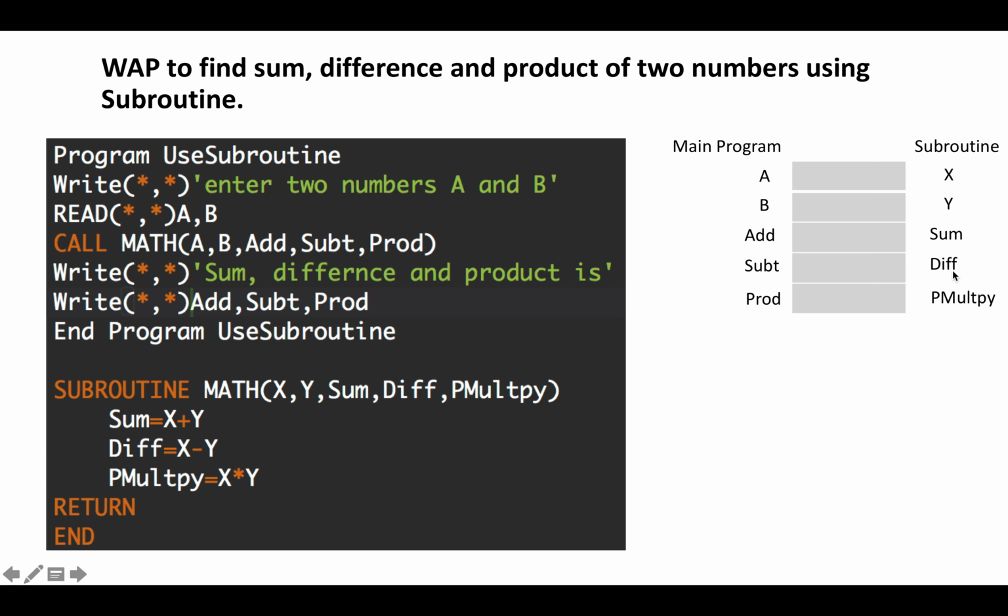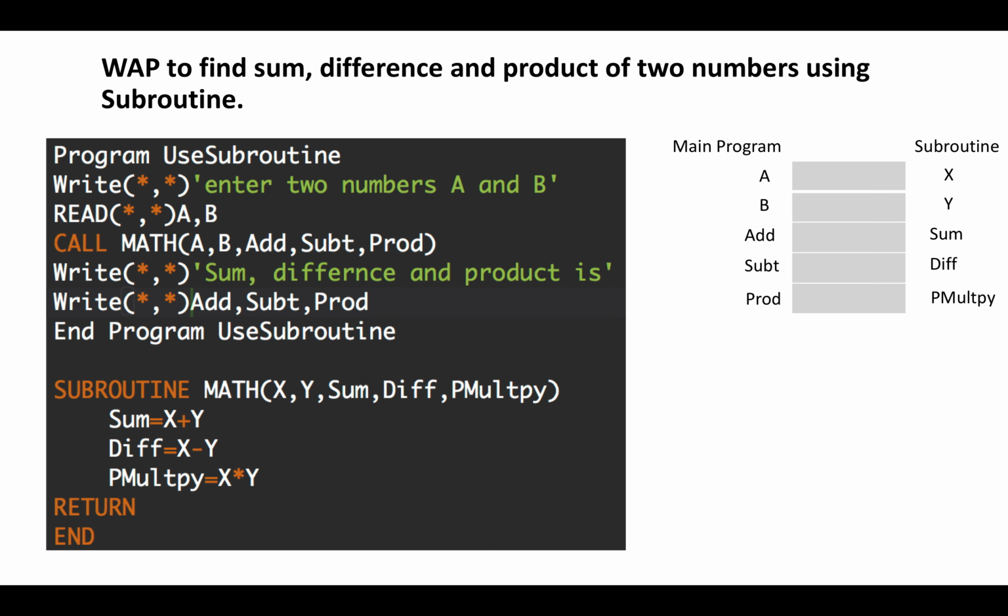Now another question is why I use p multiply and not simply multiply. If I use multiply, this variable starts with the character m, which is by default an integer. But in the main program, this memory location has the variable name product, which starts with the character p, which is by default a real number.